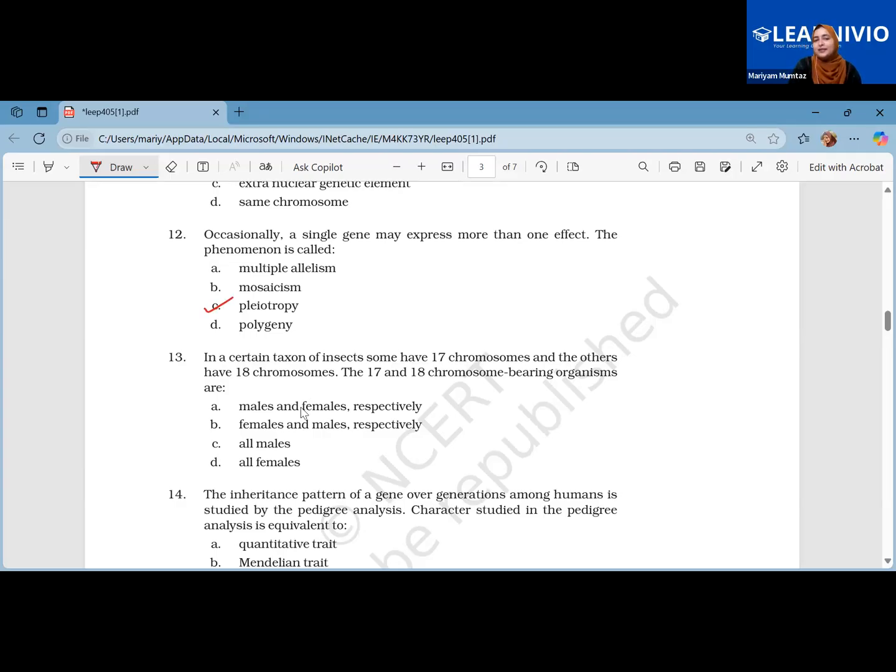What is the example of pleiotropy? What is the name of the disease? Starts with a P. Phenylketonuria. Okay, that is the disease whose inheritance shows a pleiotropic effect.